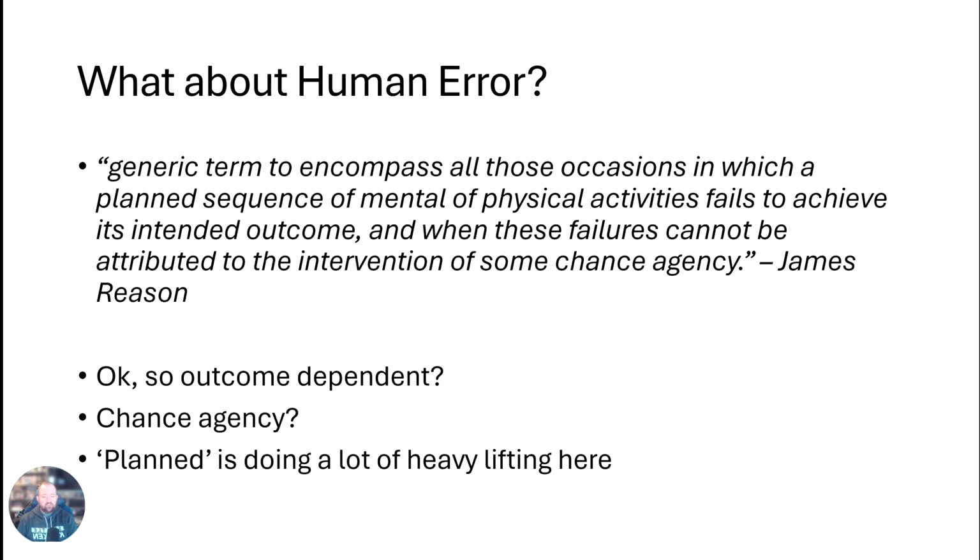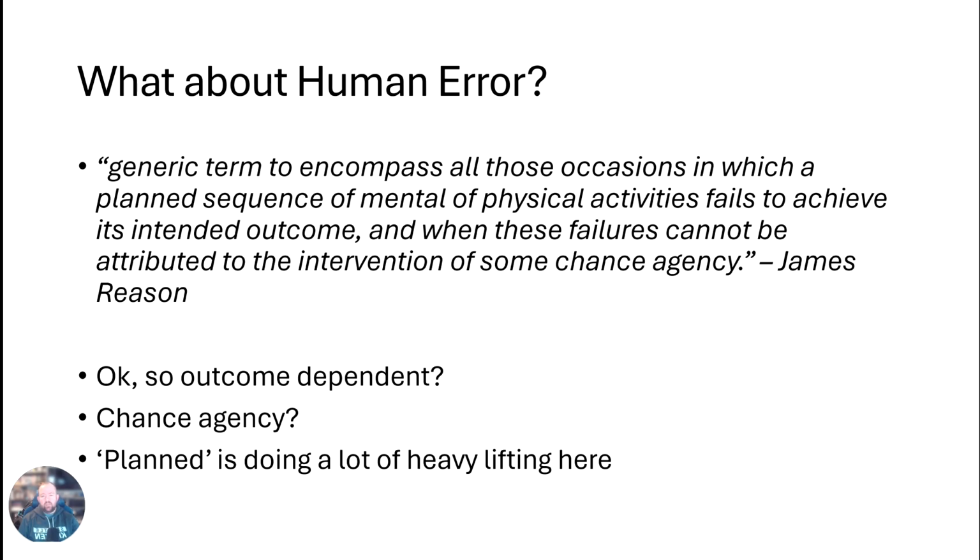There's also this discussion of chance agency. What does that mean? That's some wonderfully not expository phrasing. And planned is doing a lot of heavy lifting here. I don't know about you, but most of my mental or physical activities are not always planned, in that sense. When I think about grabbing a cup off of a counter, am I planning that really?